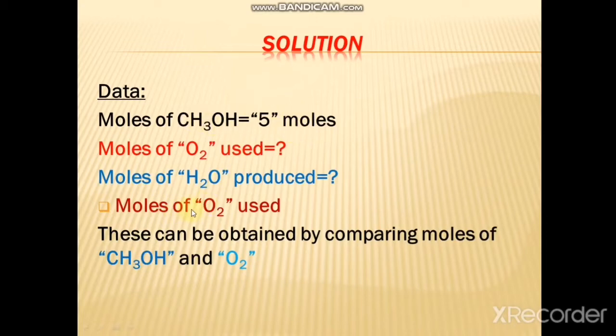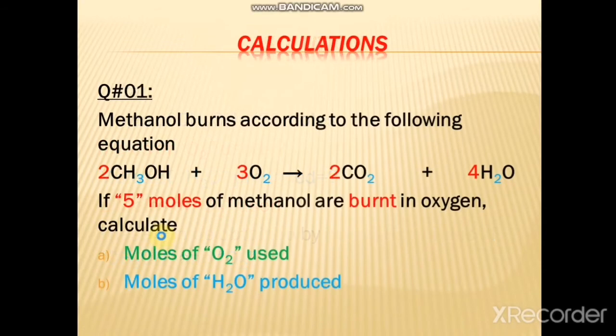First of all, moles of oxygen used. Dear students, you can see here oxygen is a reactant and methanol is also a reactant. So you can compare the moles or masses of reactants or moles and masses of products, or you can interconvert moles or masses of reactant to product, or product to reactants.